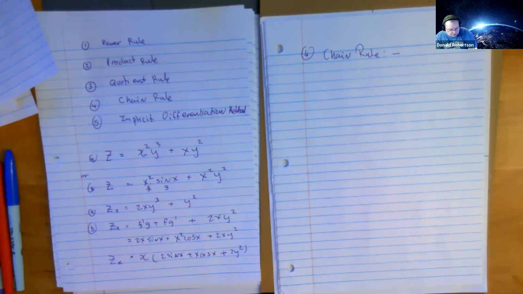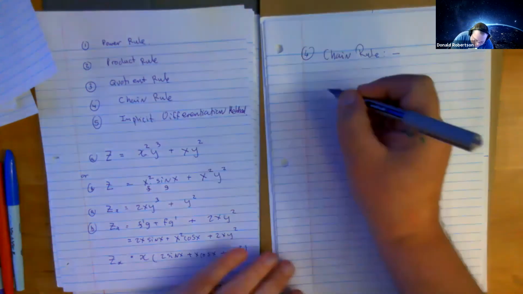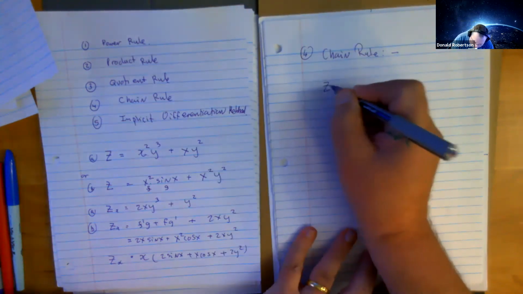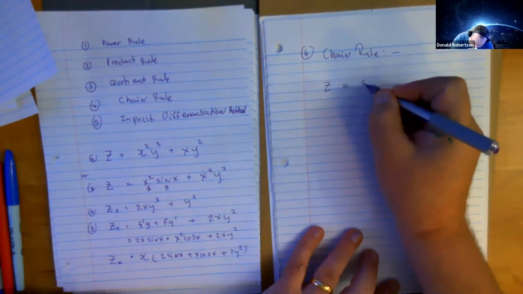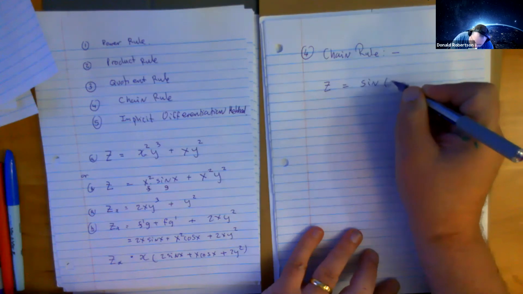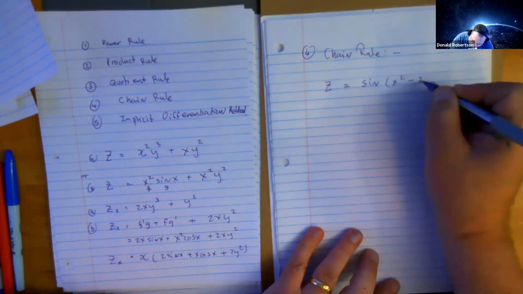So we're now going to do a chain rule question. Now, don't chain rules get used when the thing is a function of a function? So let's suppose we had z equals the sine of x squared minus 2xy.